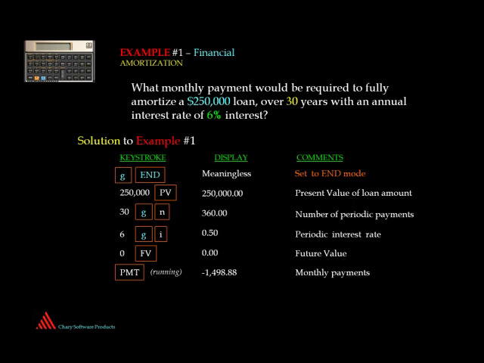So on the first line here, I've got a G END in here. If you don't see a BEGIN in the display of your calculator, then you're in the end mode, and that's the mode you want to be in for most financial problems.